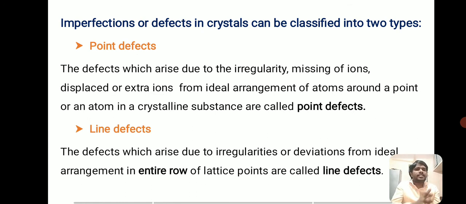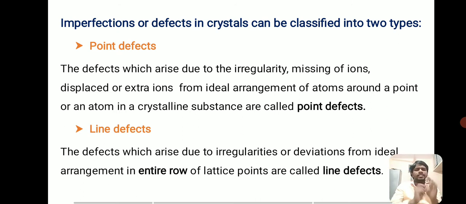Imperfections or defects in crystals can be classified into two types. One is point defects and another is line defects. What are these point defects? The defects which arise due to irregularity, missing ions, displaced or extra ions from the ideal arrangement of atoms around a point or an atom in crystalline substances are called point defects.